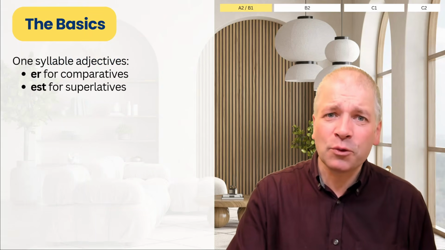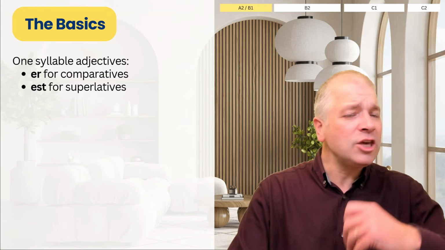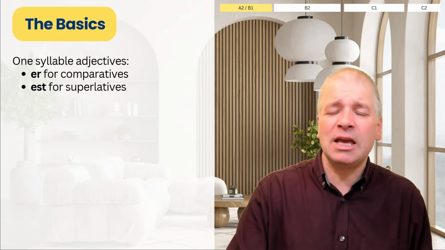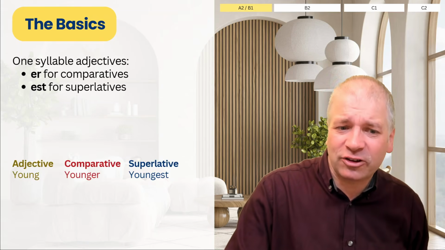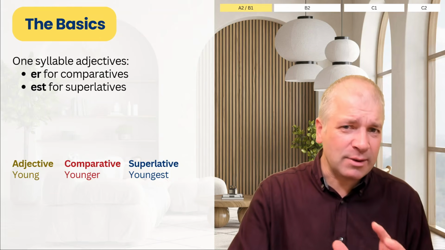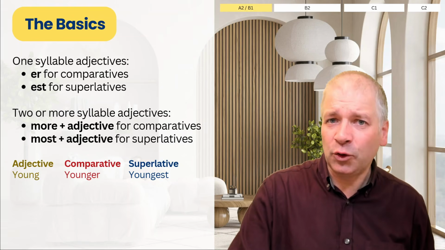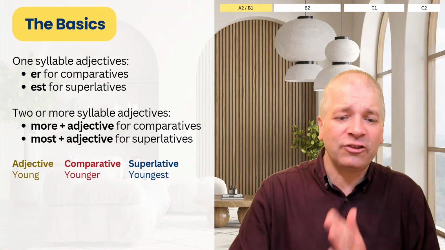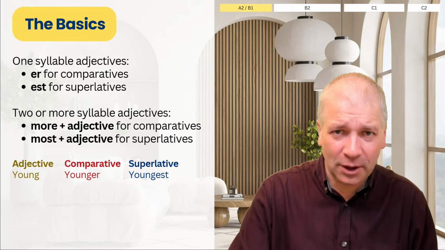In terms of the rules then, when you have a 1-syllable adjective, we usually add ER for comparatives and EST for superlatives, usually. So if we take the adjective young, the comparative is younger and the superlative is youngest. If you have 2 or more syllable adjectives, then add more before the adjective for the comparative and most before the adjective for superlatives.